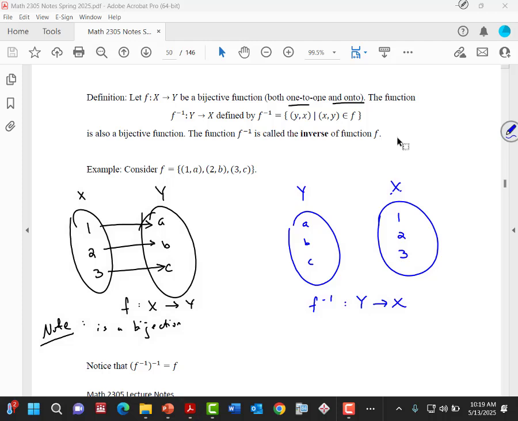So in the inverse, a will get mapped to 1, b to 2, and c to 3.